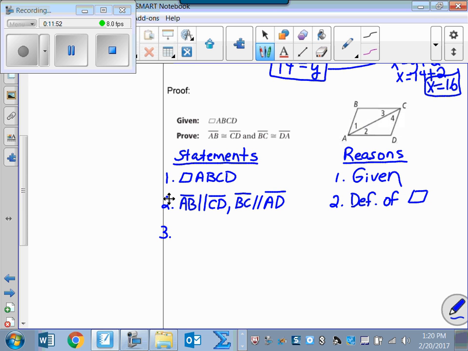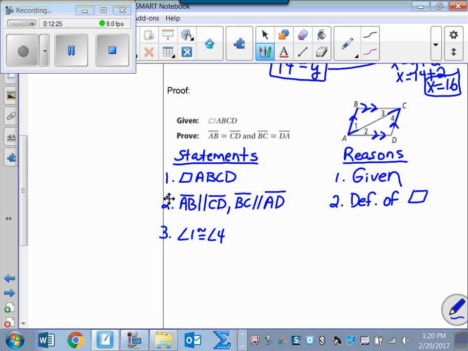So let's see what we know about these angles now. Let's look at angle 1. Angle 1 right here is made with side BA and this transversal, and angle 4 is made with CD and that same transversal. So since BA, or AB, is parallel to CD, then I can say that angle 1 is congruent to angle 4, right?